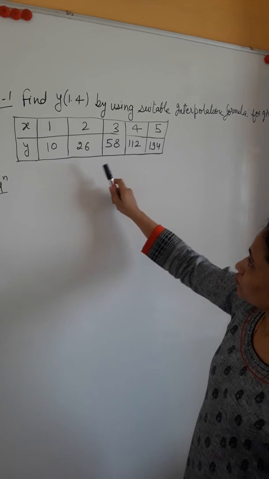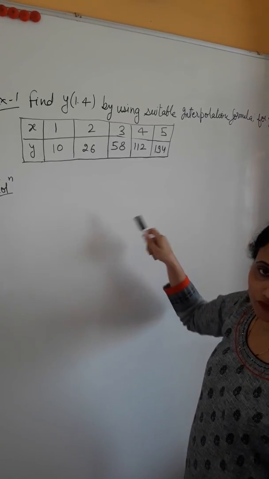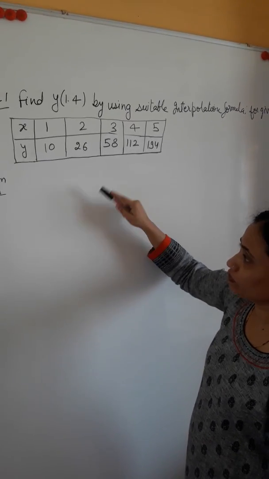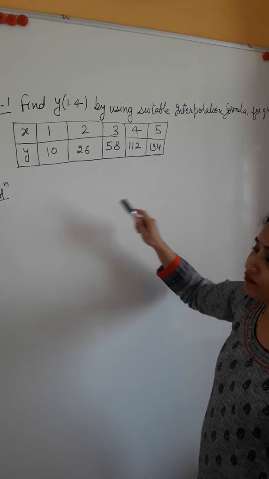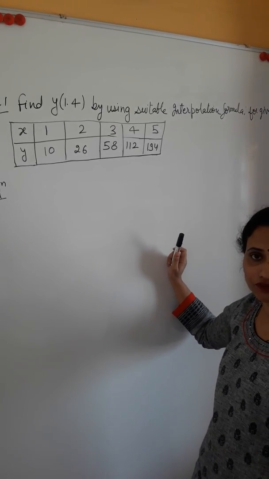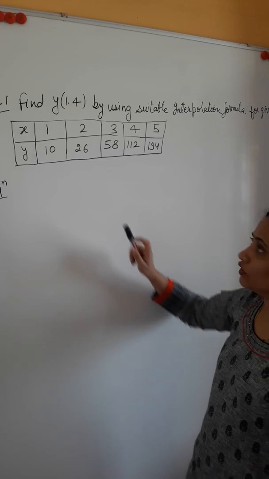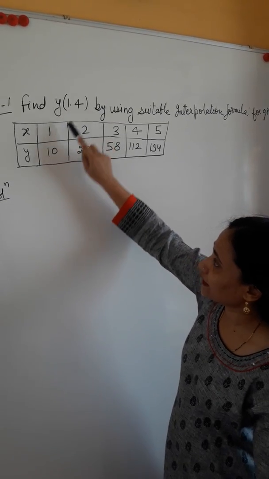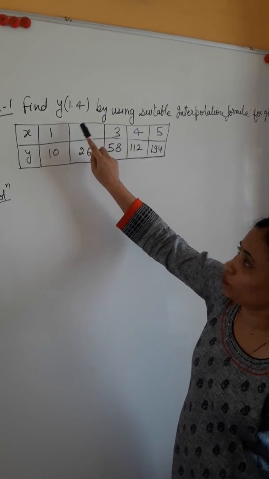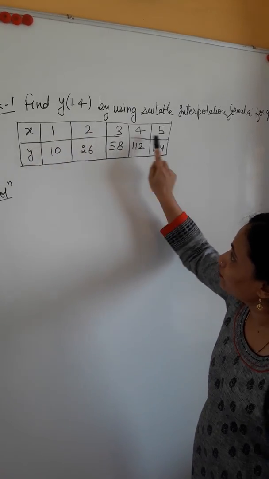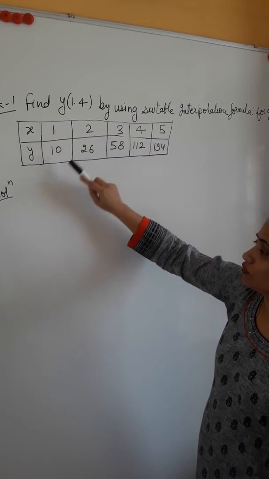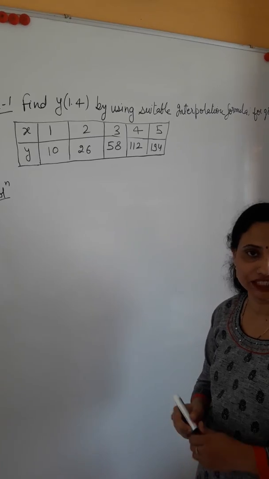For that, we have to make the forward difference table. First we make the forward difference table, then we write the forward interpolation formula, and then we solve. The second thing is, you can understand that we are interpolating because this point is lying within the range. Okay. So let's make the forward difference table first.